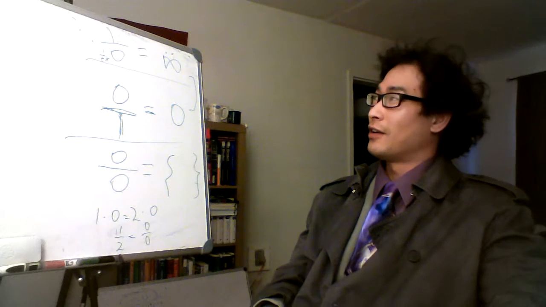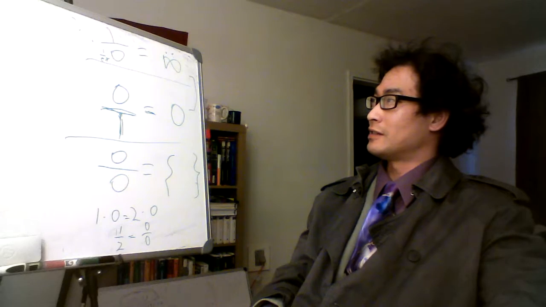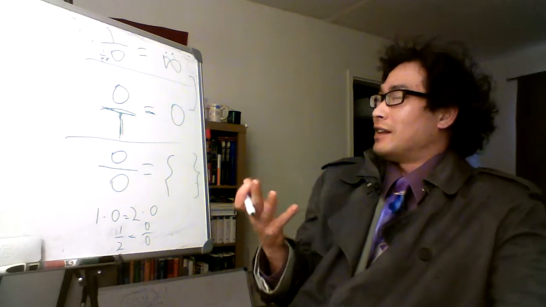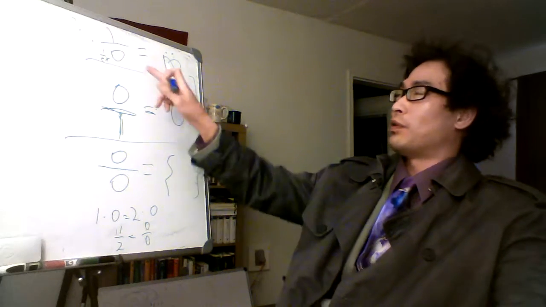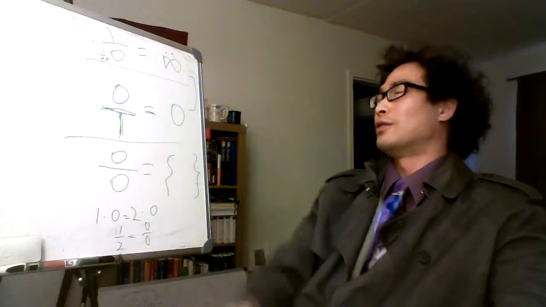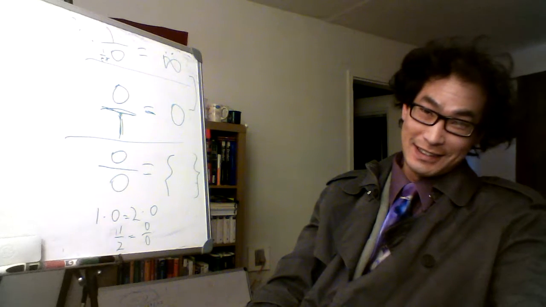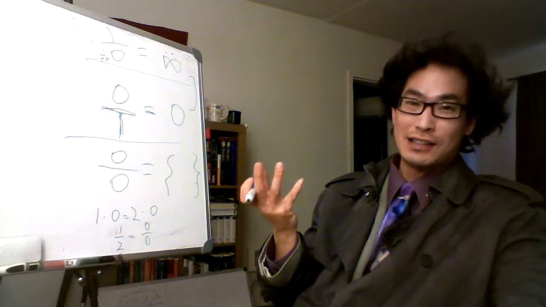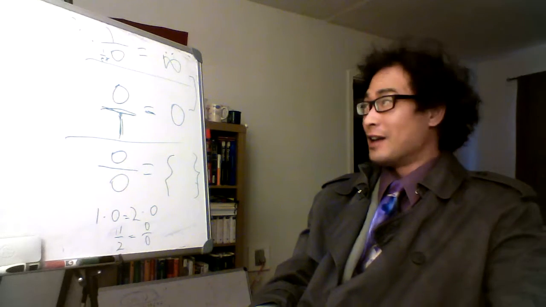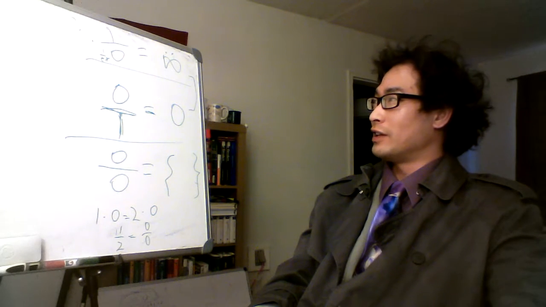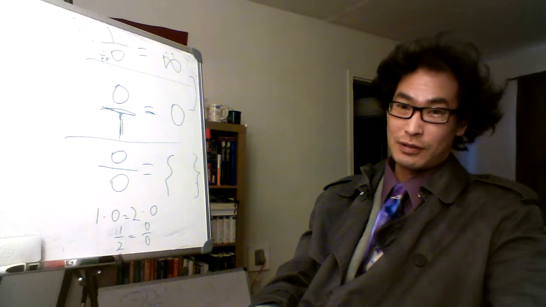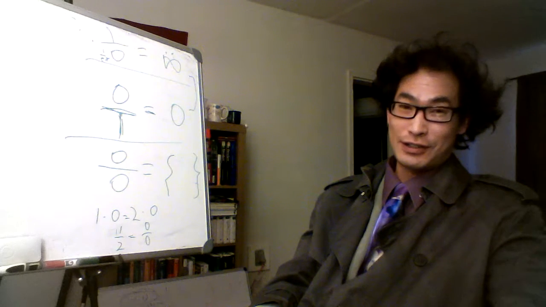But when it is added upon, like 0 plus 1, now it collapses. Okay, that's the weakness of 0. Zero is very powerful in terms of multiplication, but not in terms of addition.